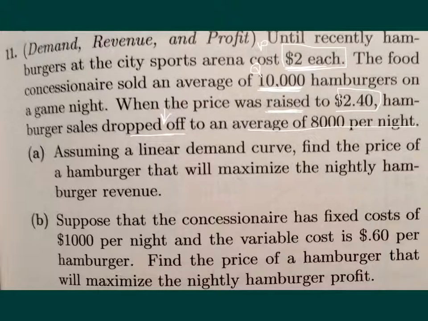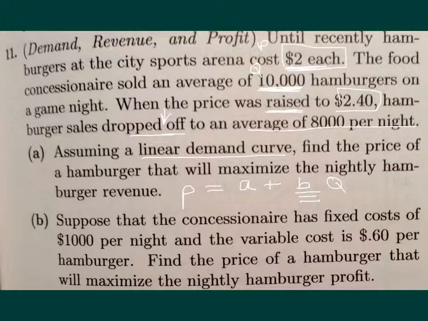One of the underlying things that you have to know is that price, and that's little p, equals, because they say it's linear, some A, which is your y-intercept, plus your B, which is your slope, times Q, which is the quantity sold.